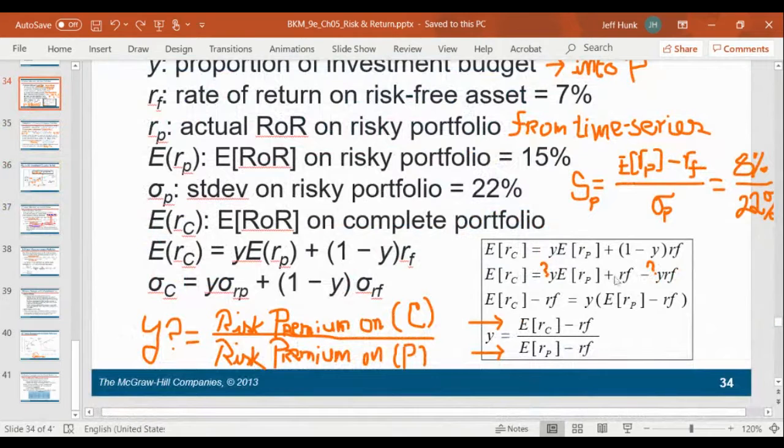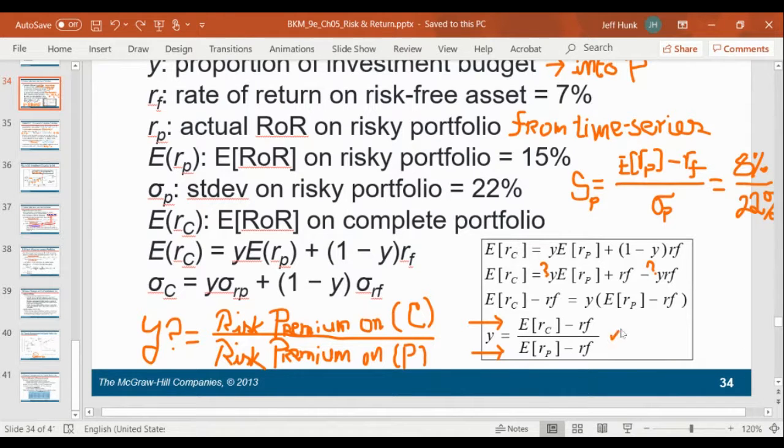It is only natural, by definition, that from the complete portfolio expected return we can solve for y.